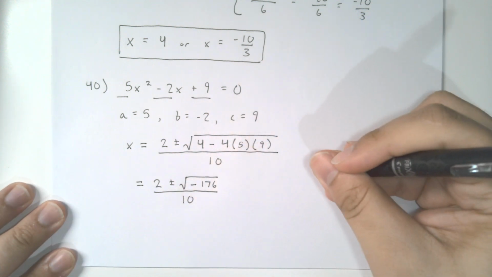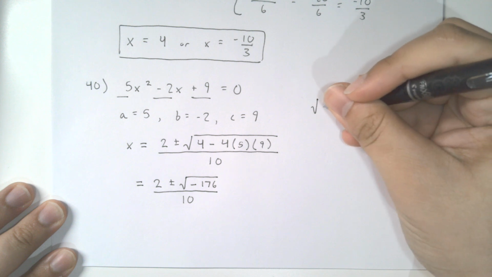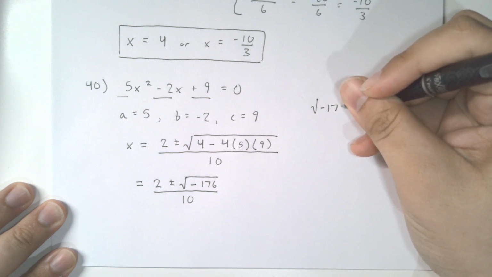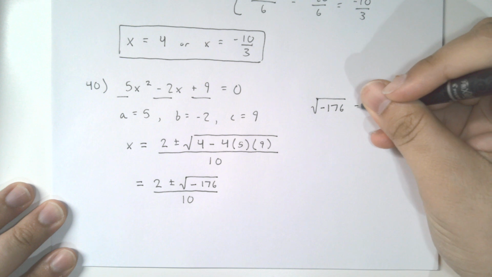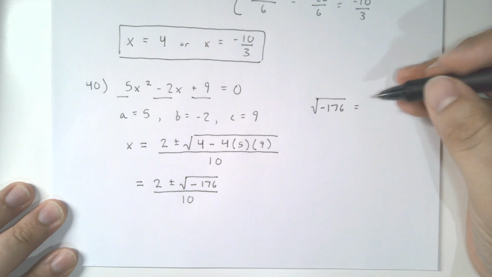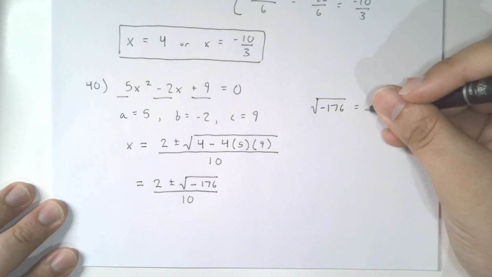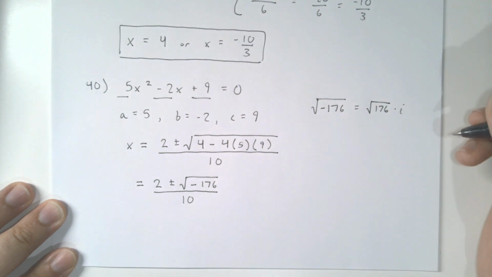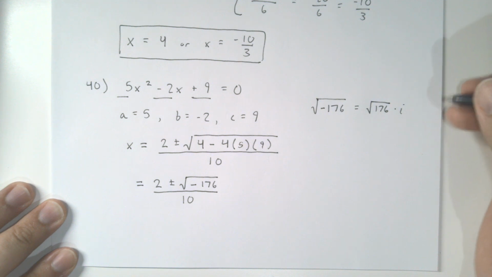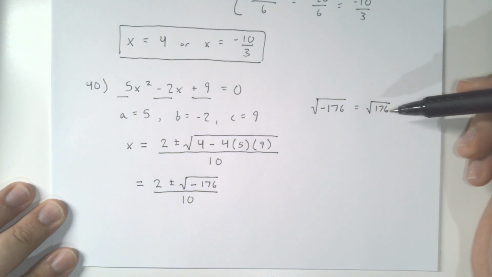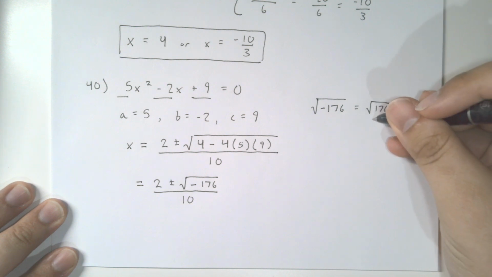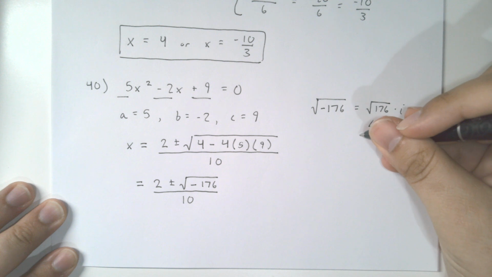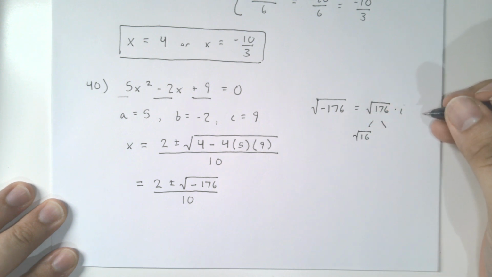So remember, with the square root of a negative number, we always get an i out of this. So the square root of negative 176 is going to be the square root of 176 times i. But what we also want to do is check, is 176 divisible by any perfect squares, so that we can hopefully make this a smaller number. And it turns out that it is. The biggest perfect square that 176 is divisible by is 16.